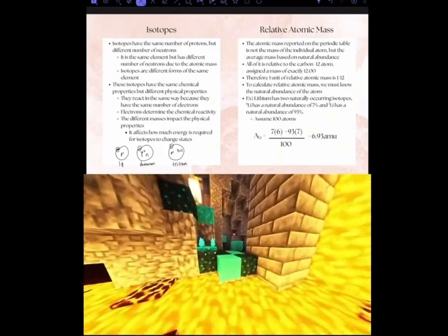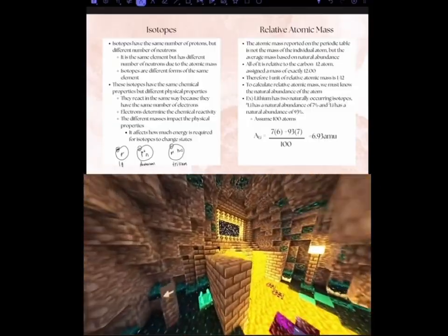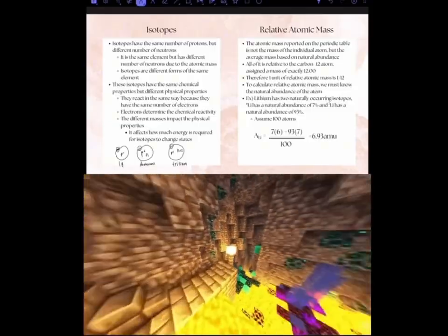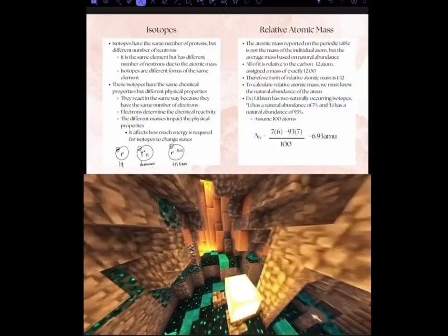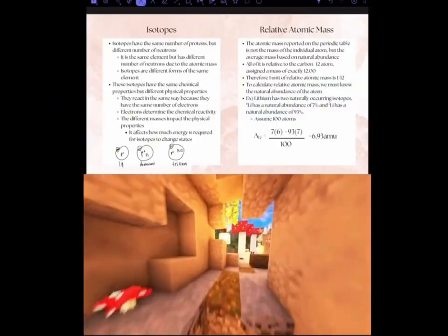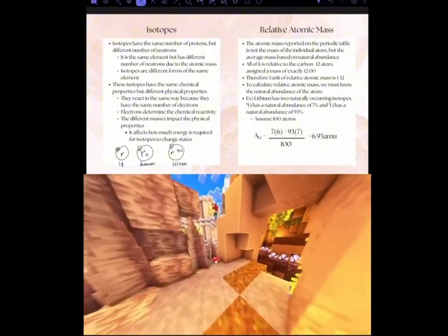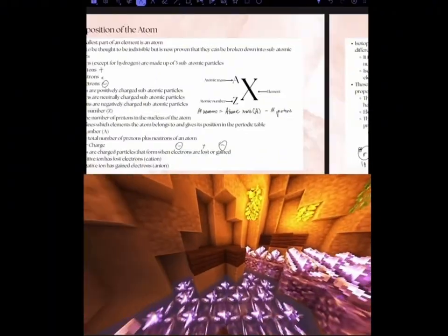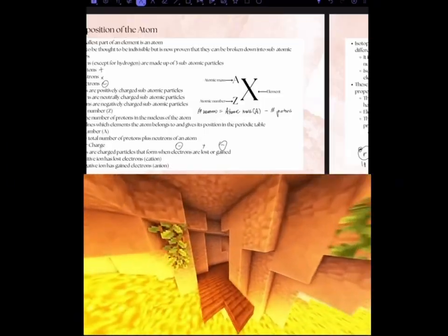This is also called deuterium, hydrogen 2. And then you also have hydrogen 3. This has one proton and two neutrons. I'm just going to write neutron times 2.